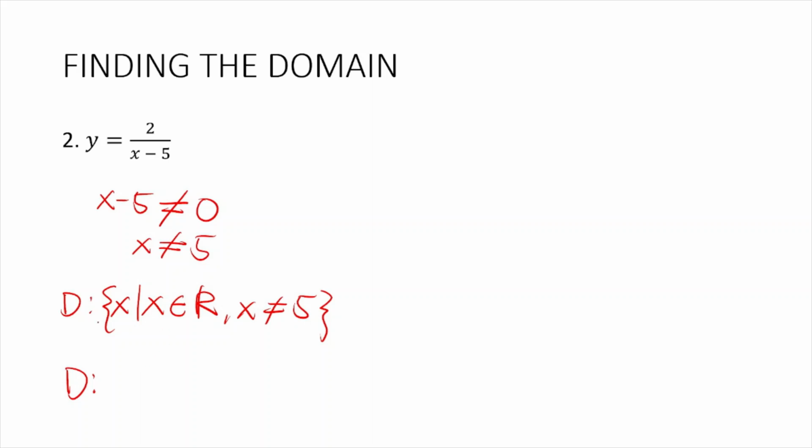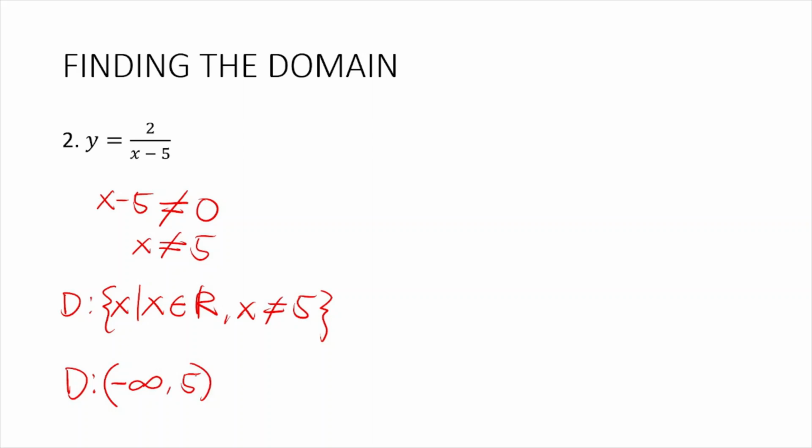So again, from the set builder notation, it says that the domain in this case is the set of all real numbers, and the only x value that we need to avoid is 5. So x equals 5. Therefore, from negative infinity, meaning it includes all x values from negative infinity, and then we stop at 5.